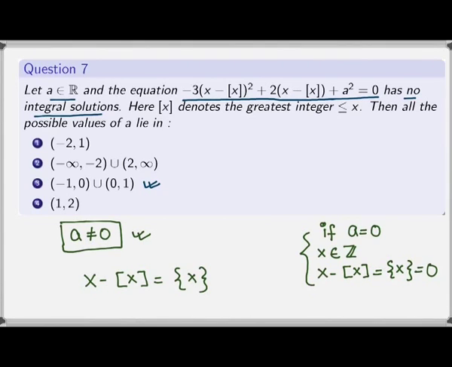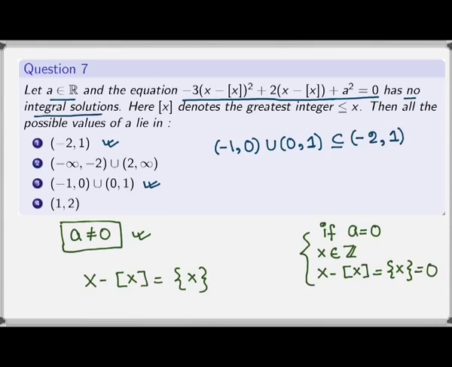Also note that here the open interval -1 to 0 union the open interval 0 to 1 is a subset of the open interval -2 to 1. And as we are to find all the possible sets in which the values of a lie, we see that option 1 is also correct.